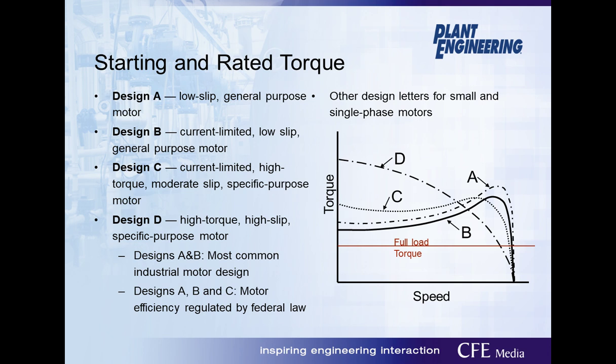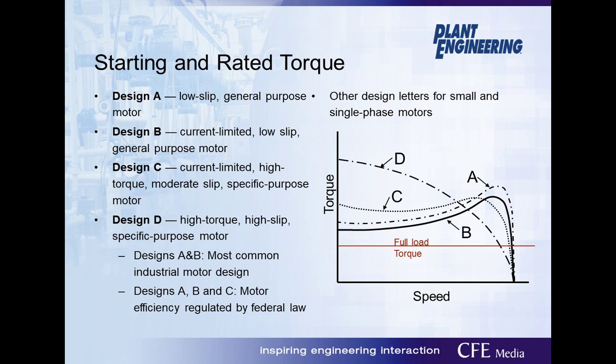To look at a few application types, NEMA Design A and B motors would be used in centrifugal applications like blowers, fans, pumps, or general industry process use. NEMA Design C and D motors would be used in high starting torque applications such as crushers, conveyors, compressors, elevators.